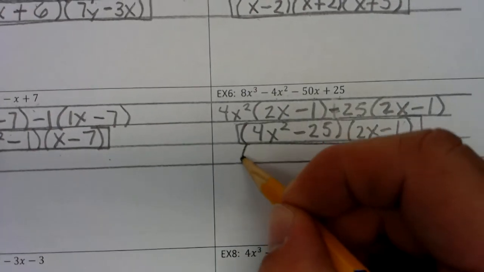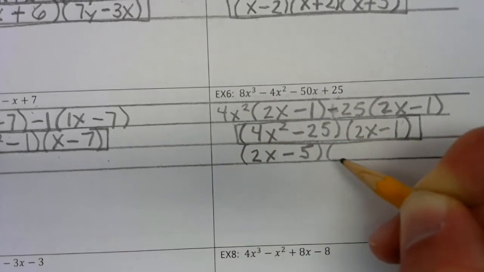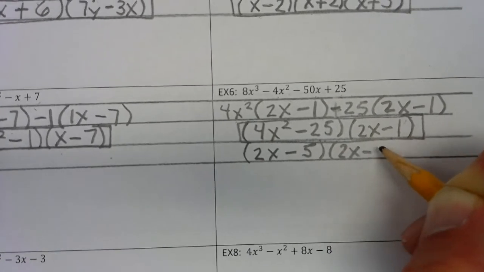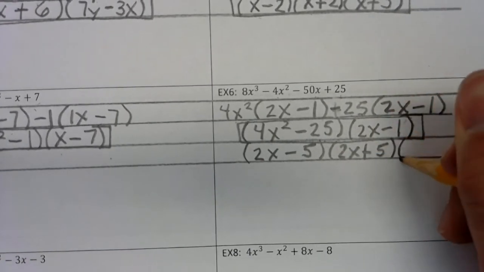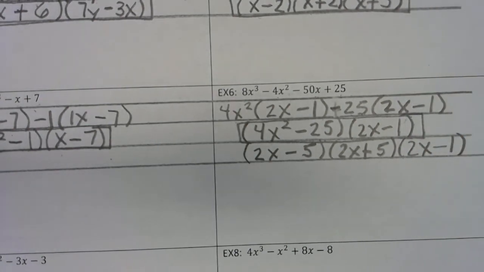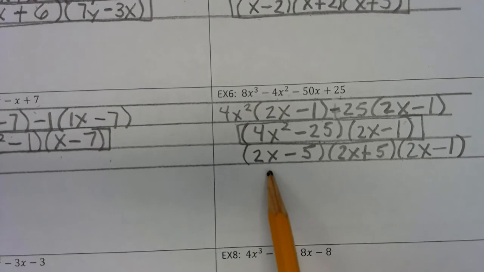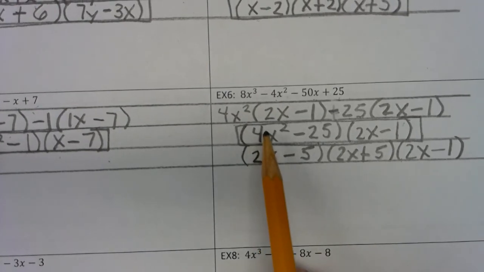So this can be written as 2x minus 5 times 2x plus 5, times 2x minus 1. And if you looked at that, what just happened, remind me in class and I'll show you how you make the connection between this and that.